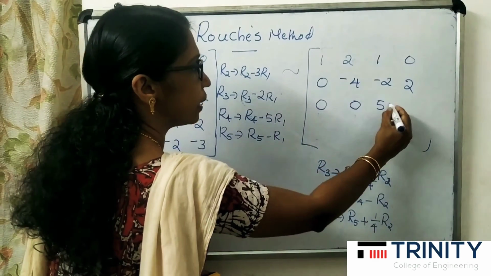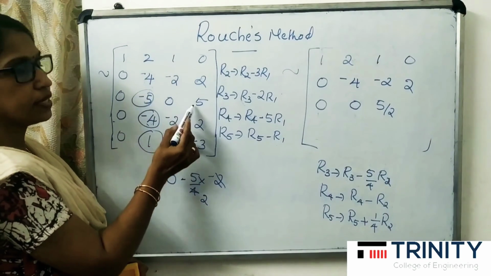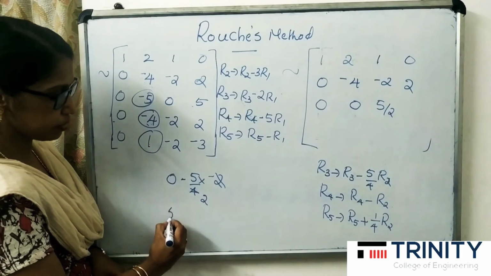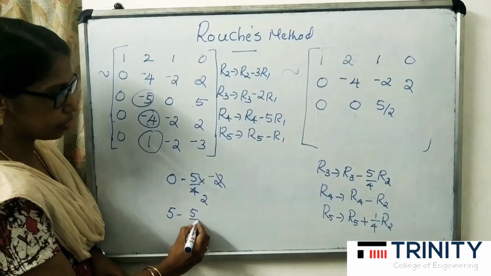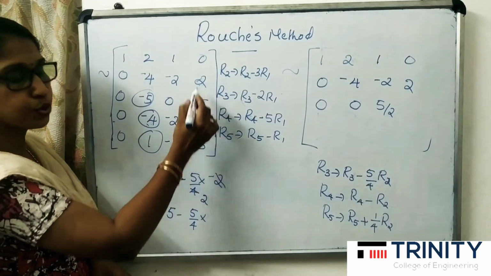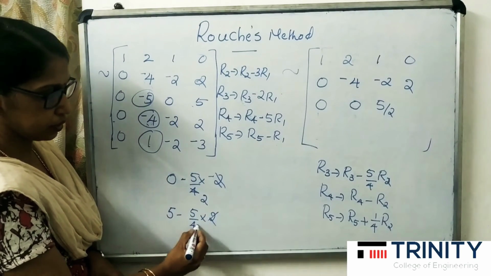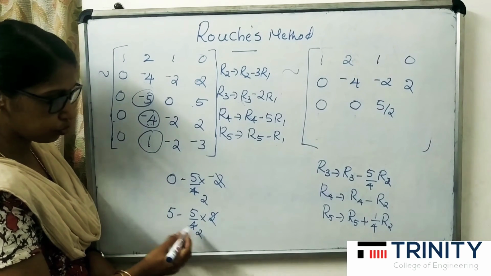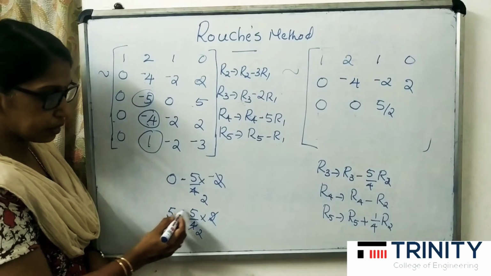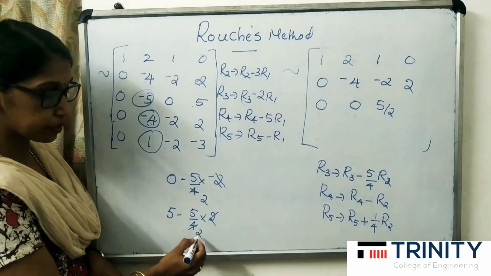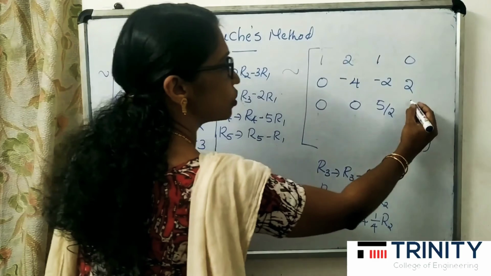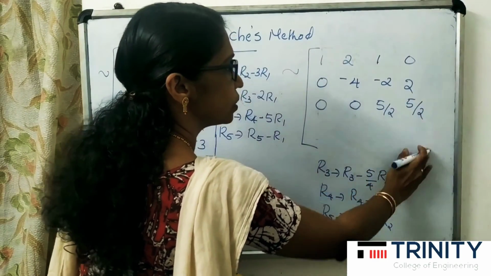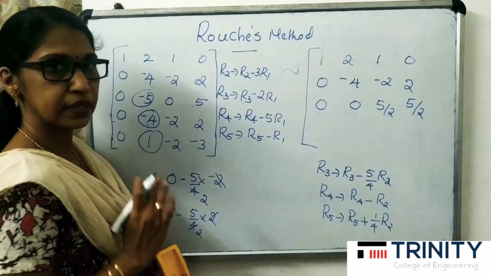We get 5 by 2 here. Now the next element is 5. So we are performing 5 minus 5 by 4 into 2. 5 into 2 we get 10. 10 minus 5 by 2 is 5 by 2. So here also we get 5 by 2. So the third row is over.